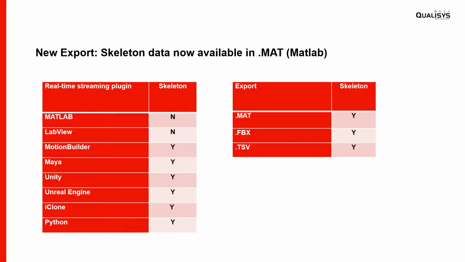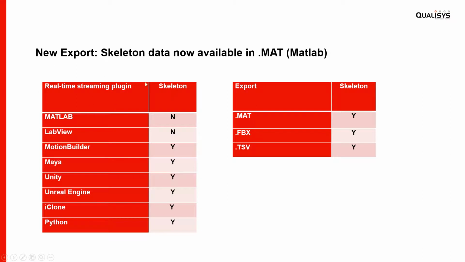Also, there is a new type of export supported, because we know that with the sports marker sets, a lot of people want to work with MATLAB. So we decided to support the MAT extension, and we are now able to export skeletons into MAT files. And of course, all the skeletons can still be exported in FBX and TSV.